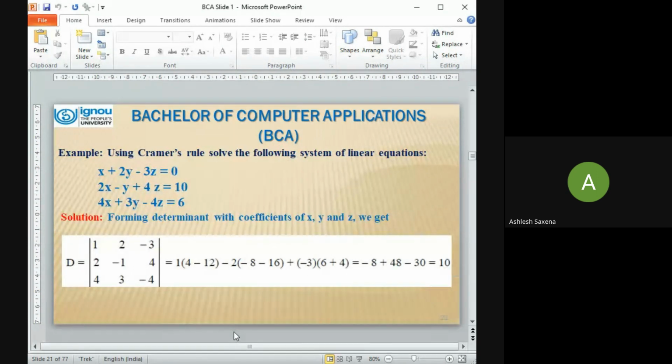Put it over here in any of these equations. Put x equal to 2, y equal to 2, and z equal to 2 in the left hand side and see what you are getting. Simply place x equal to 2, y equal to 2, and z equal to 2 in equation number 1.